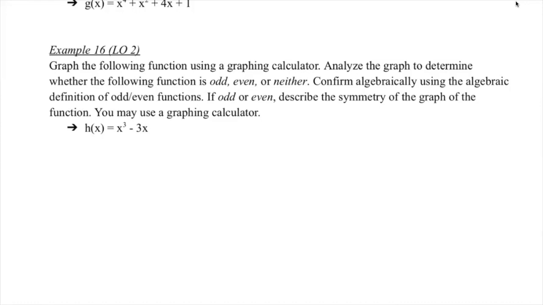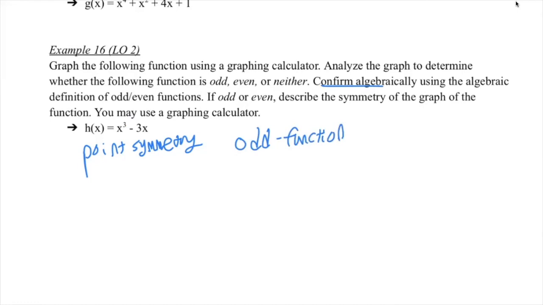Okay, if you take a look at the function graph on the graphing calculator, there's a point symmetry. And because there is also a 3, which is an odd number, I'll assume that it's an odd function. We can confirm algebraically though. The algebraic definition of an odd function is that f of negative x is equal to negative f of x.